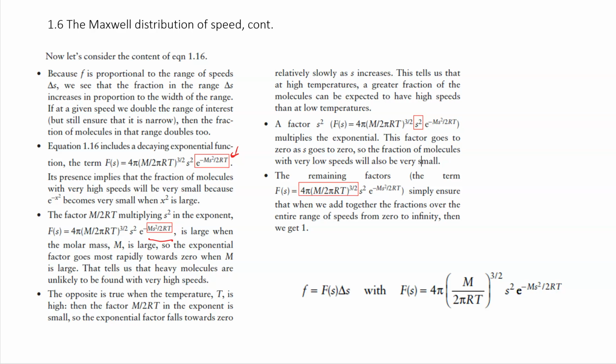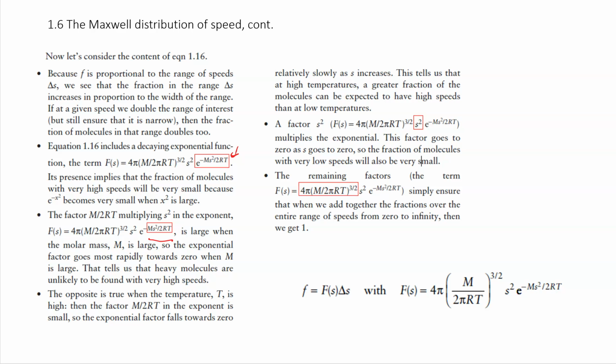So the exponential factor goes most rapidly towards 0 when m is large. That tells us that heavy molecules are unlikely to be found with very high speeds, and intuitively that makes sense. From a pure Newtonian standpoint, you don't expect that, with a certain amount of energy available to excite a system, heavy molecules will be excited to very high speeds compared to smaller molecules or smaller objects.